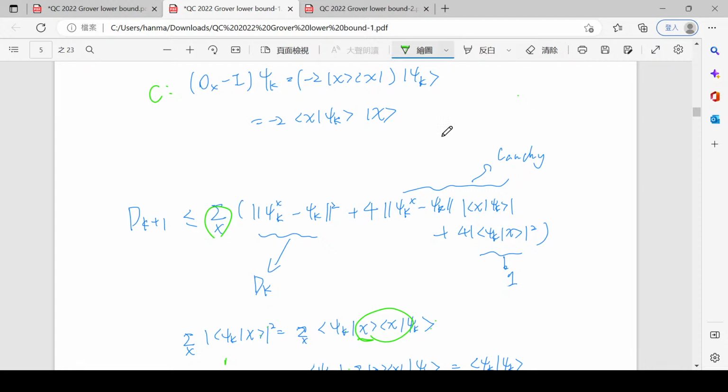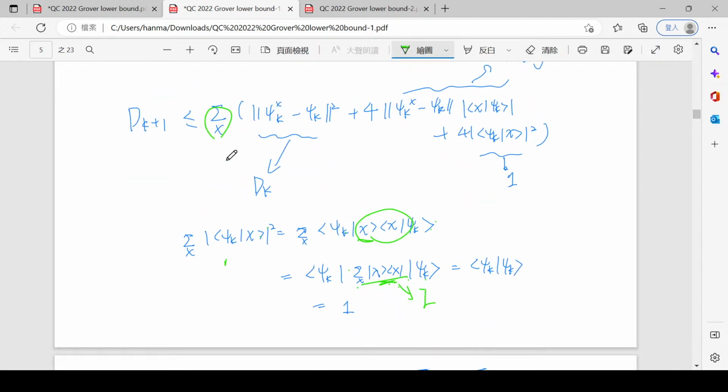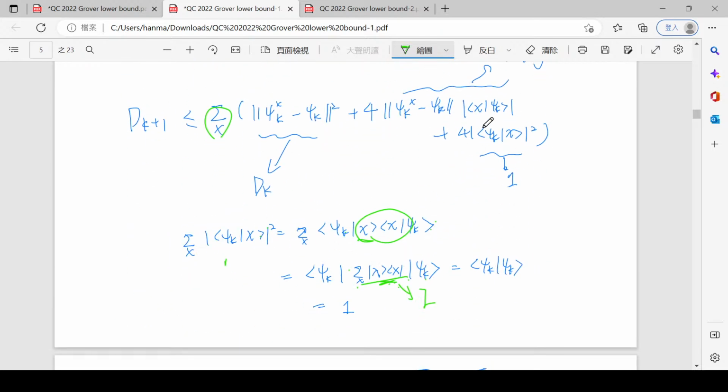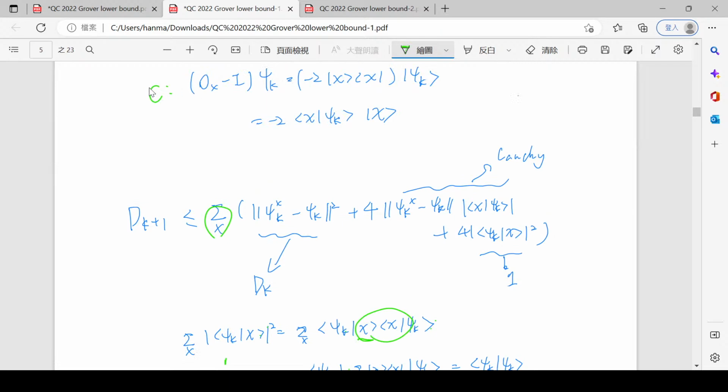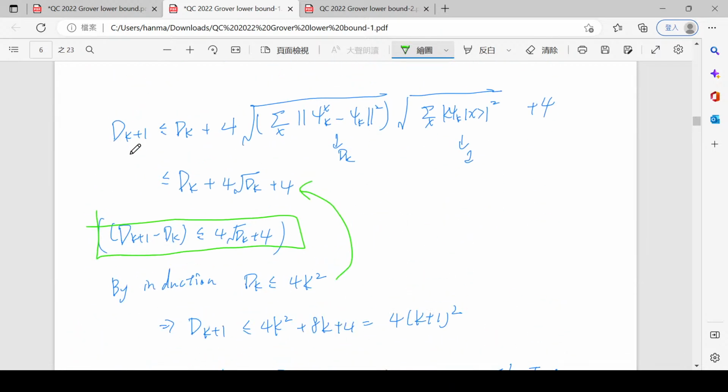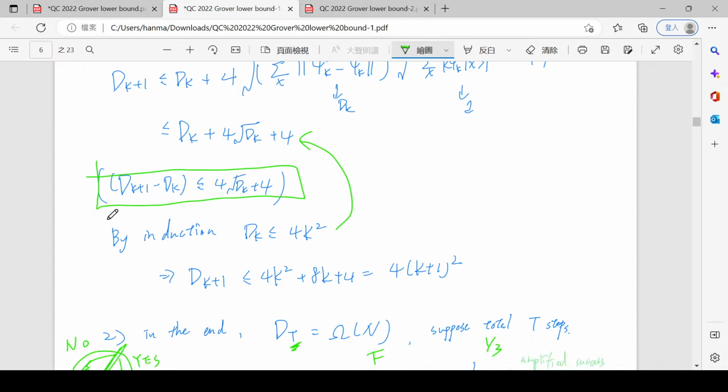Anyway, so we do everything rigorously, and then we found out that this C term is bounded, and the progress with each step, which is dk plus 1 minus dk, goes like square root of dk.